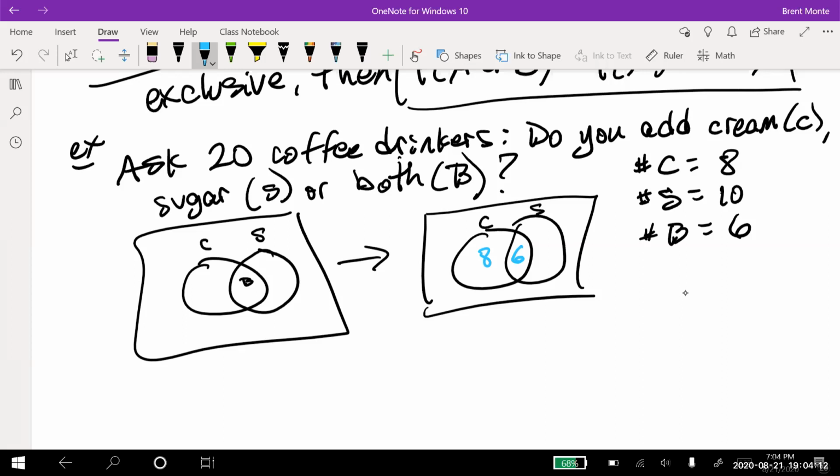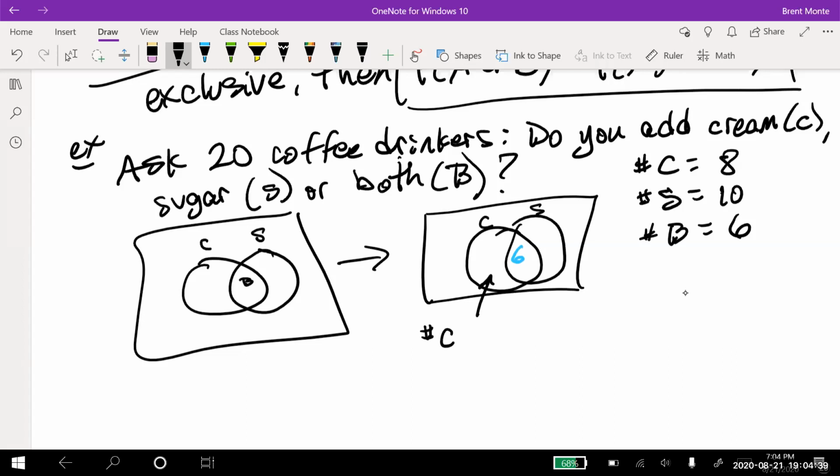Well, that would mean 14 people put cream in their coffee, and we did not have 14 people put cream in their coffee. So what I have to do, this number right here is going to be all the people that put cream in their coffee.